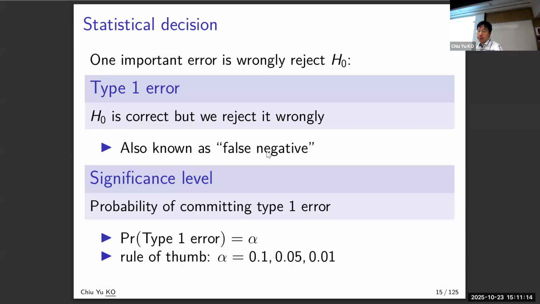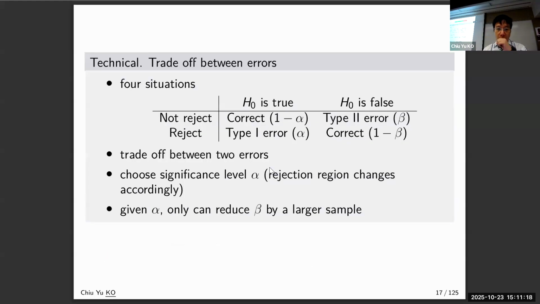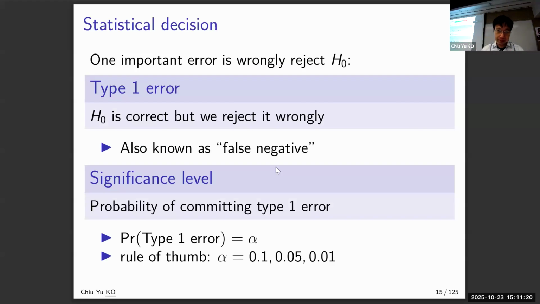So here we have to define some terminology. Because when we make decisions based on data, we have to make some error. Because there's no 100% sure, because we don't observe everything before we make a decision. So it's always error. And the type 1 error is when the null is correct but we reject it.